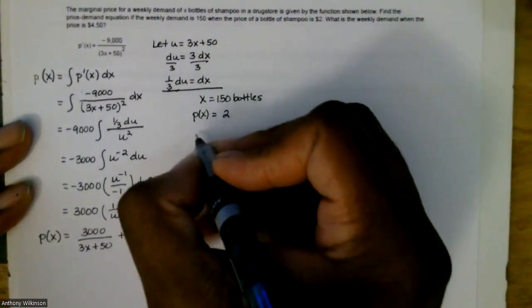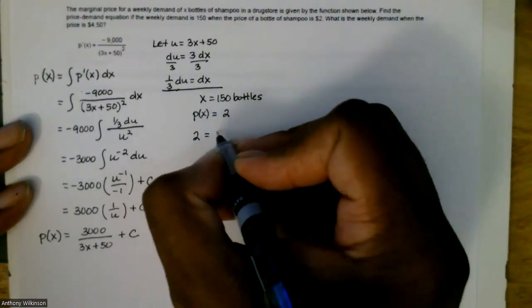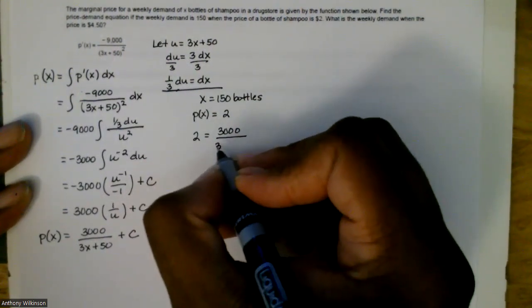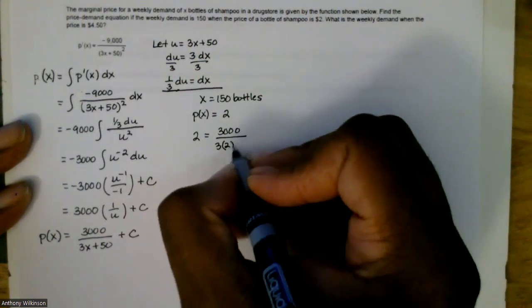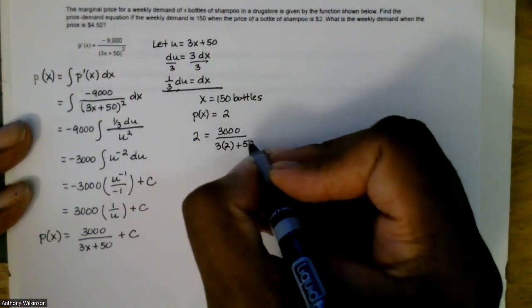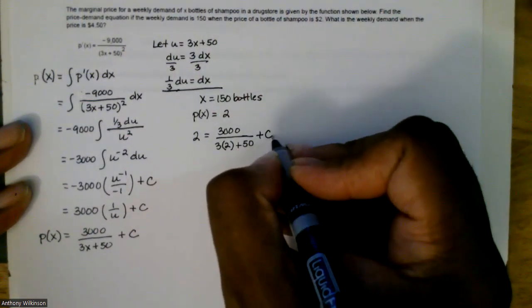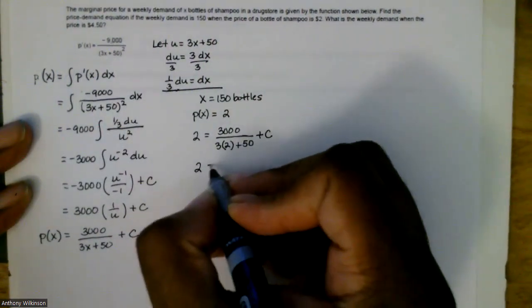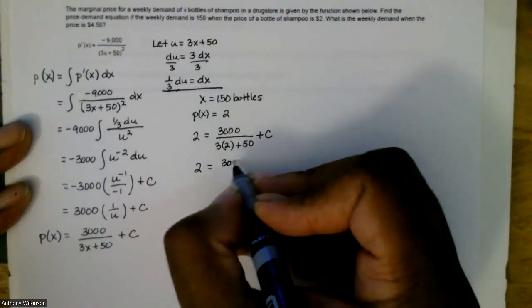So P of X would be 2 equals 3,000 divided by 3 times X, plus 50, and then plus C, because we need to find out what C is. I have 3,000 in the numerator.